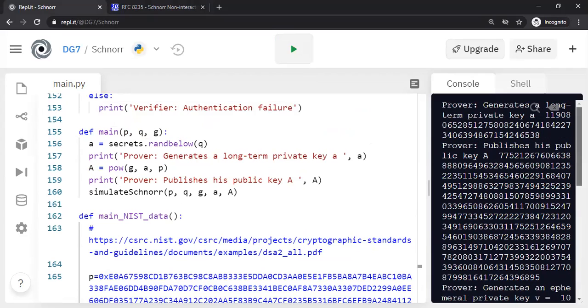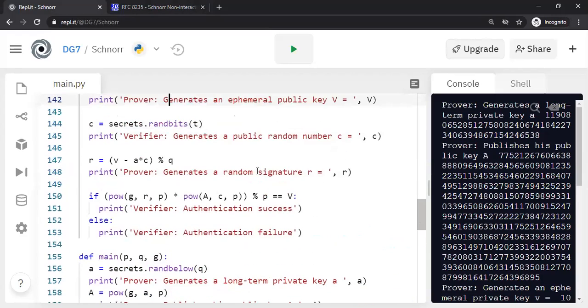There are a lot of numbers here, so I need to show you step by step what's happening. The first step is that the prover Alice generates a long-term private key. She generates it only once, and she uses it for quite some time. And she publishes her capital A to the world.